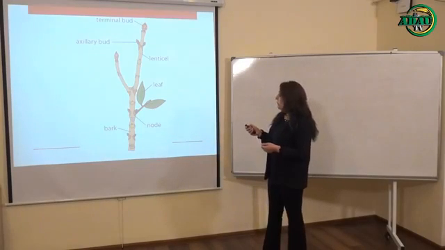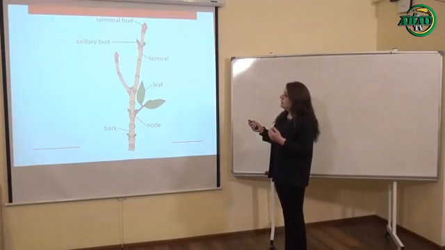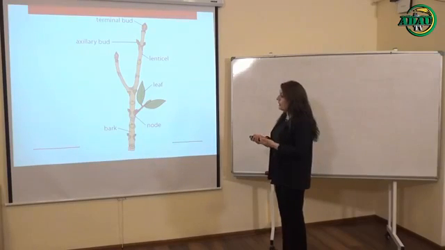If a bud is found at the apex of the axis, it is called a terminal bud or apical bud. If buds are found in the axil of the leaves, this is called an axillary bud.